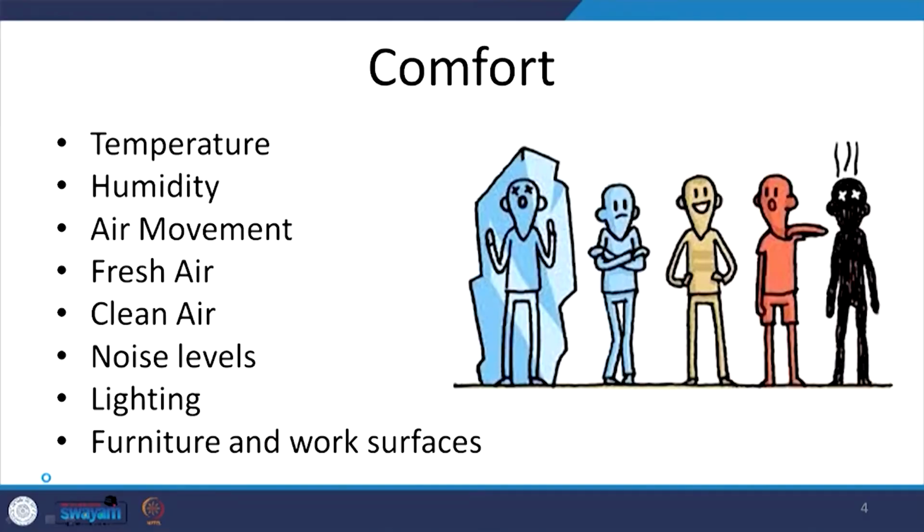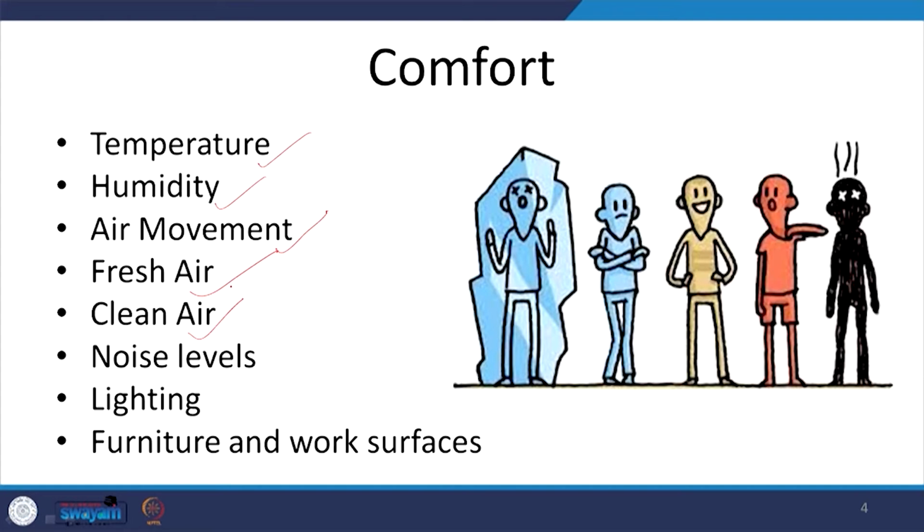There are different components of comfort. We take into account temperature, humidity, air movement and radiation. In addition to that, we take the amount of fresh air which is available, and also the cleanliness of the air, how clean the air is. Polluted, contaminated air, even though it is coming from outside, cannot be counted as fresh.